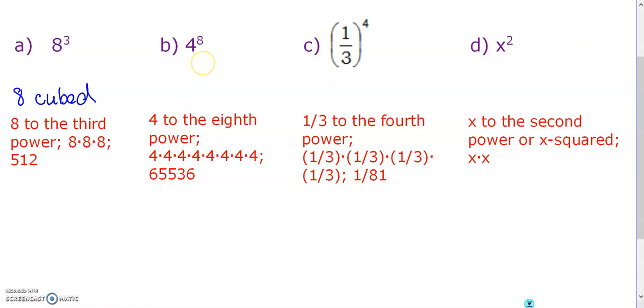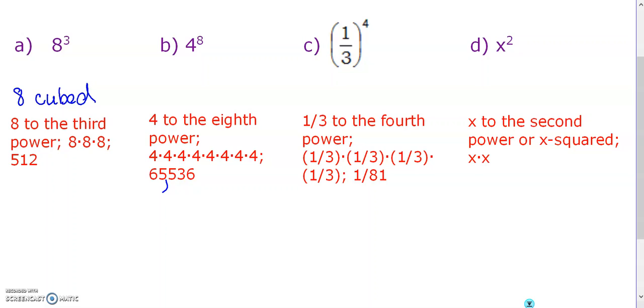For letter B, 4 to the 8th power, 4 times 4 times 4 times 4 times 4 times 4 times 4 times 4. We wrote it out 8 different times. We can evaluate this, and it comes out to 65,536.